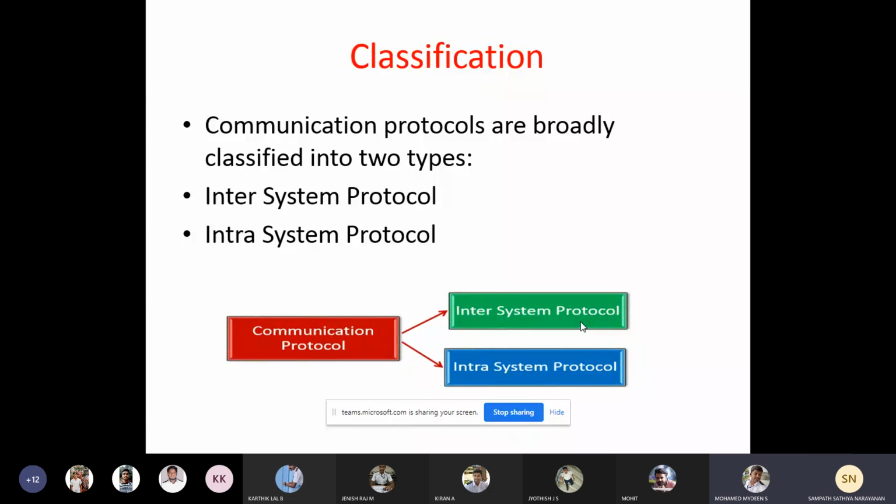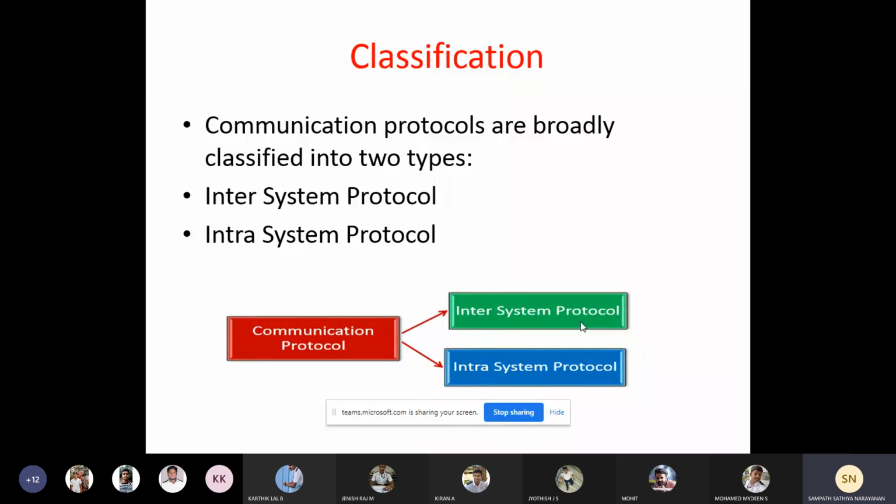See, when there are two devices very far from each other, the distance involved is a longer one, and you are going to use a communication medium for connecting these two devices, then the communication protocol used for connecting two devices which are far from each other is the inter-system protocol.